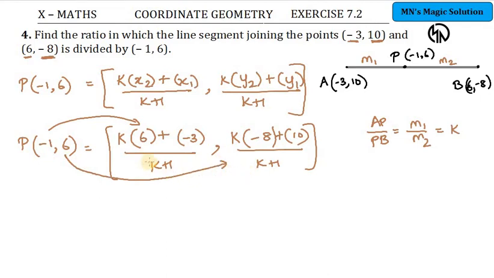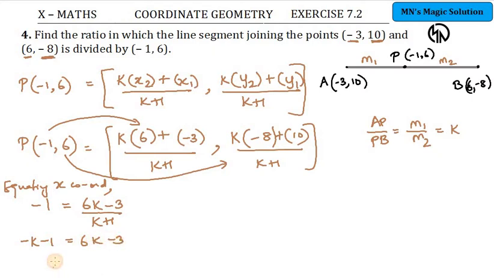Okay. So the -1 I can equate to this. How is it? -1 is equal to, you are equating the X coordinate. Upon equating the X coordinate, you get -1 is equal to (6k minus 3) divided by (K plus 1). Taking K plus 1 to the other side, we get -k minus 1 is equal to 6k minus 3.